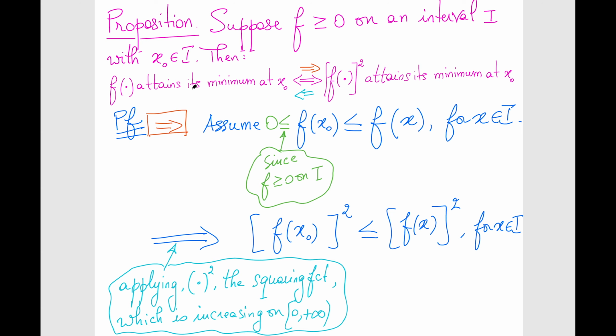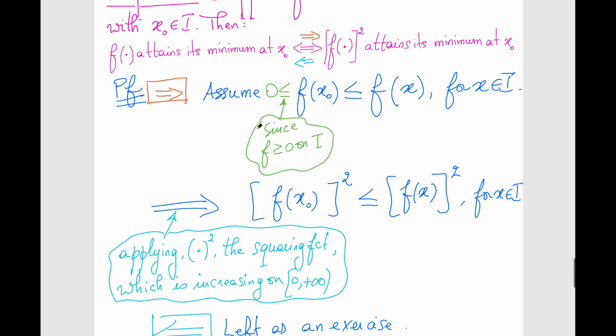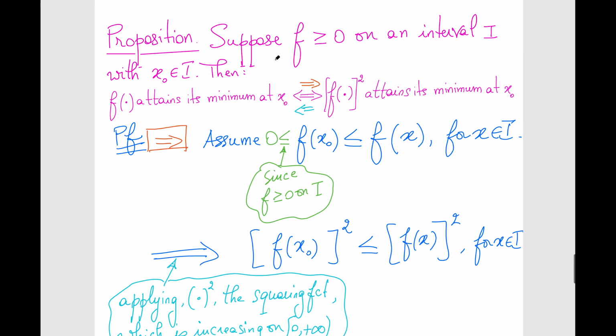So the right to left implication, I left it as an exercise even though we discussed it. But the idea is, I'm going to use the result: if the function f is non-negative on an interval, then if f attains its minimum somewhere on that interval, the square of f is going to attain its minimum at the same point.